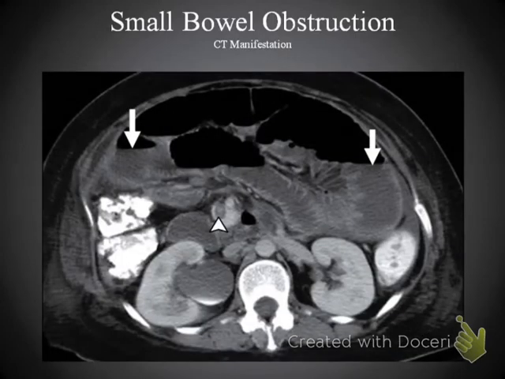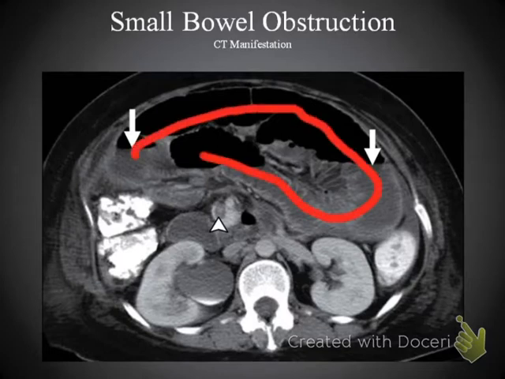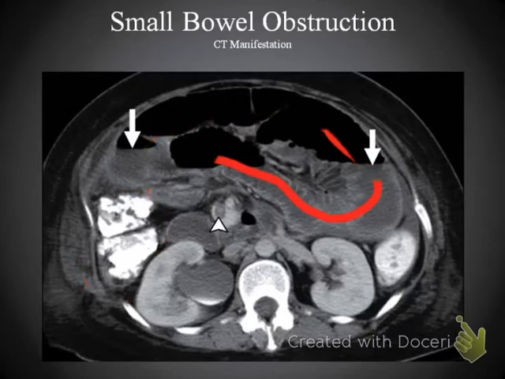This image is much the same, and we do see that we have dilation here all around, and very interesting, we do have what looks to be some type of oral contrast here. We really don't know what could be causing this obstruction, but we do know that the bowel is very dilated, and there's really not a bunch of fecal material there.